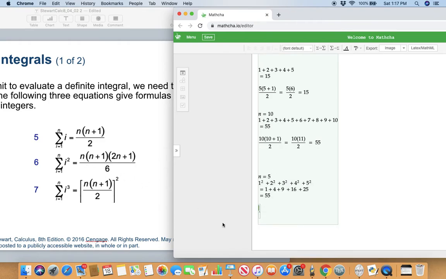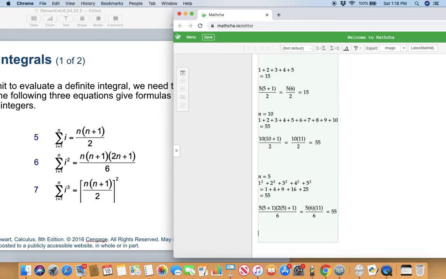What's upstairs? n, that's a 5. 5 times (5 plus 1), 2 times 5, (2 times 5 plus 1), the whole over 6. All right, let's see what's that as a fraction. 5, 6, 2 times 5, 10, plus 1, 11 over 6. Aha, 6 cancels the 6. I have 5 times 11, 55. Okay, so we agree.